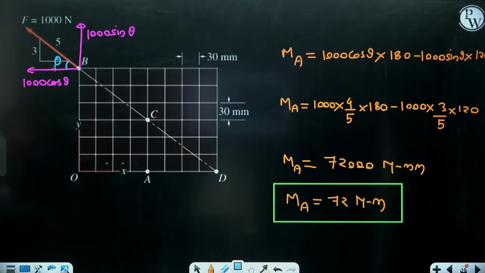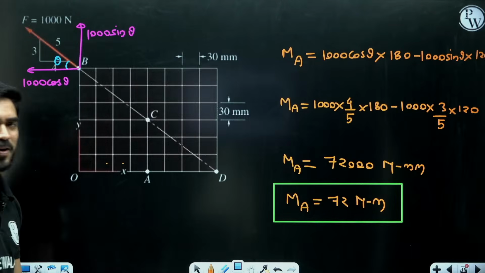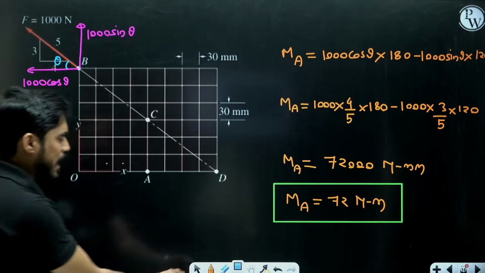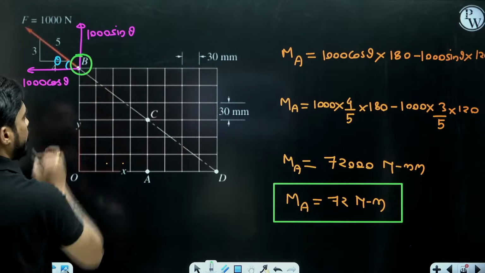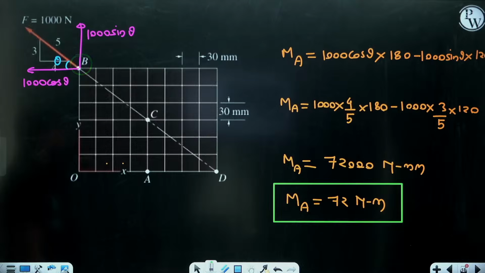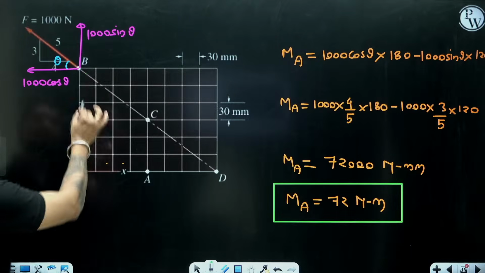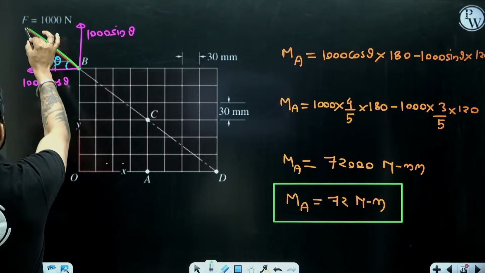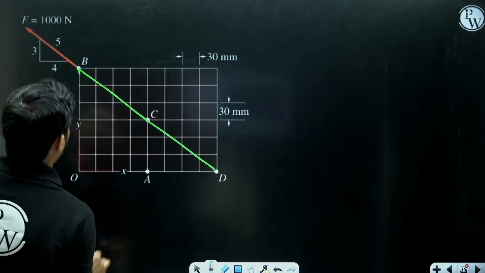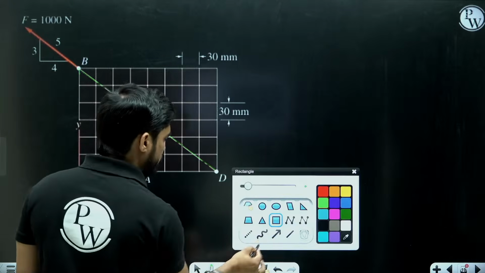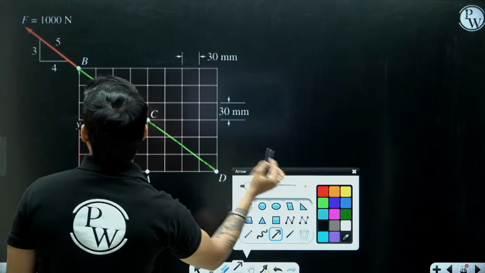Now I will tell you a very interesting concept. Right now, we have resolved the force at point B. But I can apply the principle of transmissibility here. Let's move the force from point B to point C, because this is the line of action.